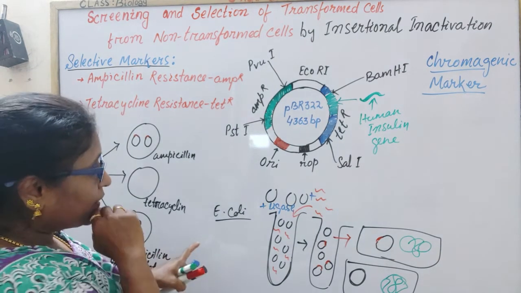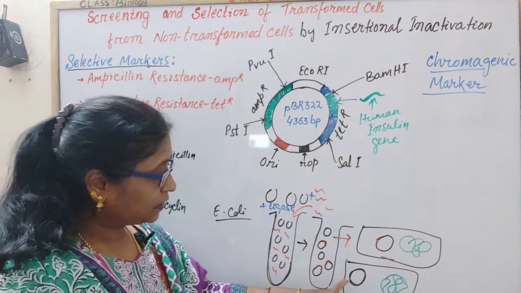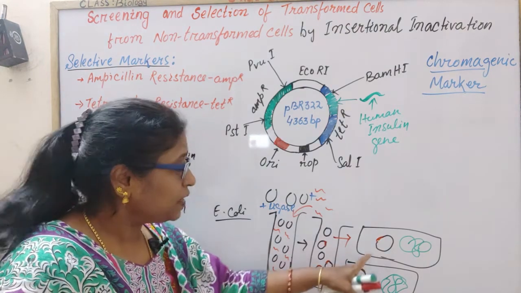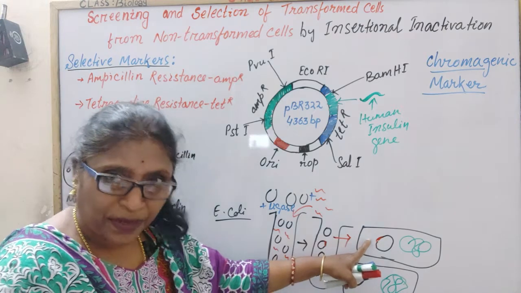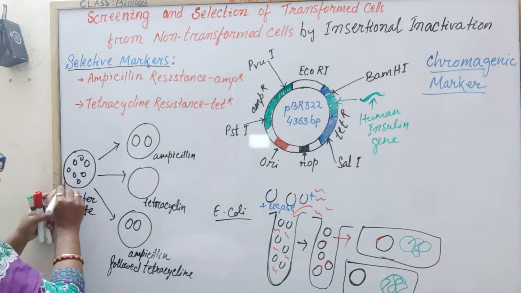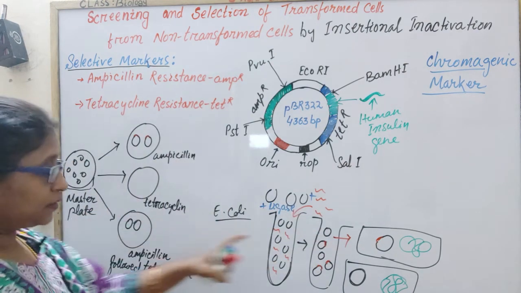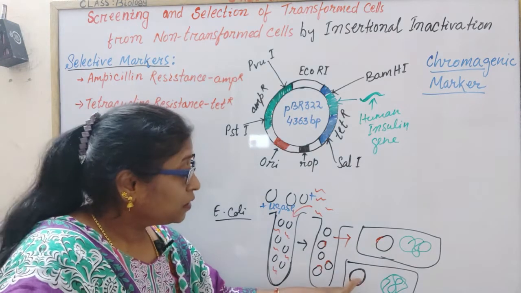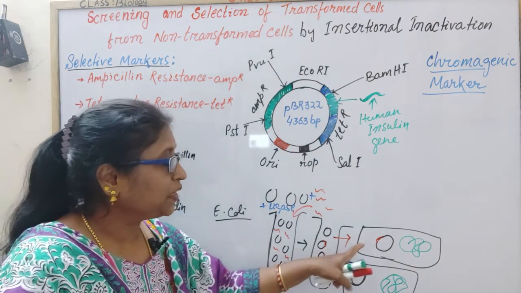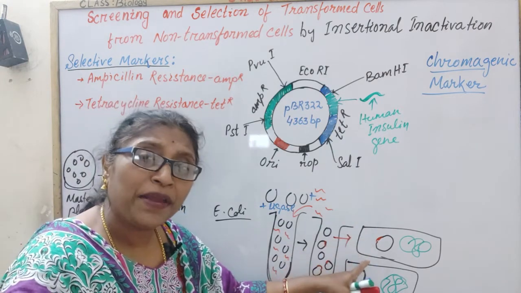So see, some cells have received the non-recombinant plasmid, some received the recombinant ones. Suppose this is the master plate, with all types: the transformed bacterial cell with the non-recombinant plasmid, the transformed bacterial cell with the recombinant plasmid.